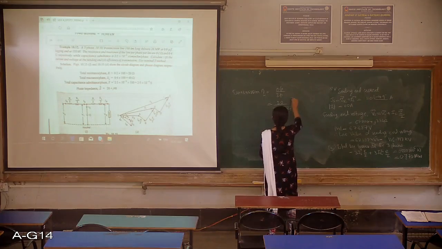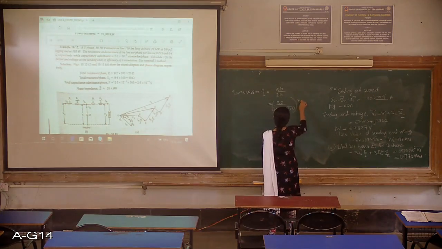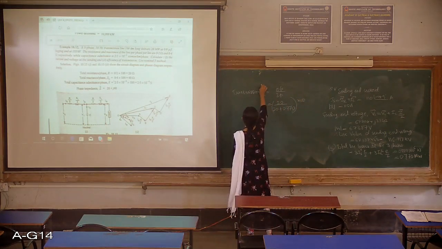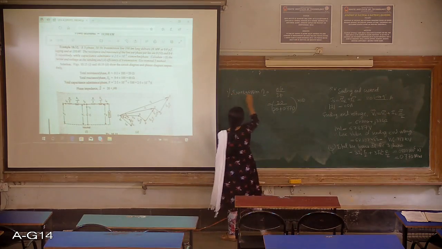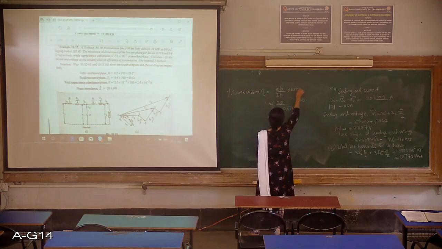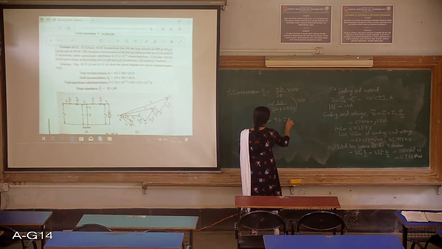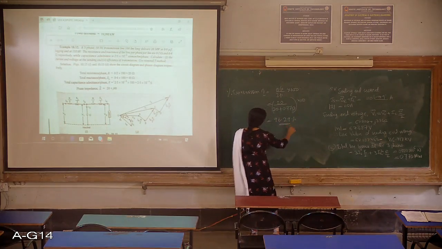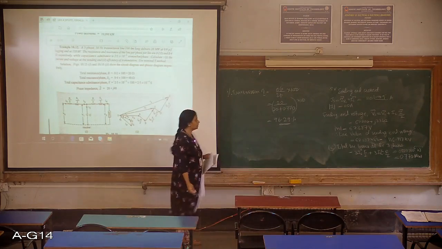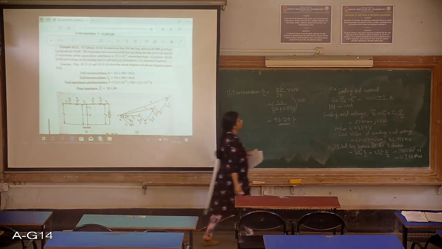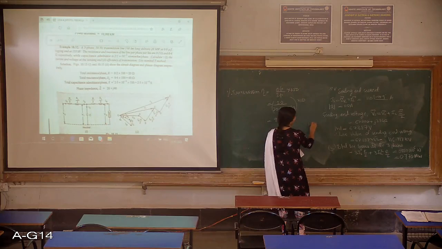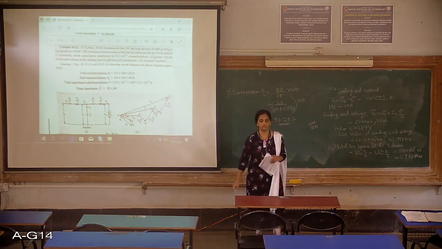You can say into 100 if you want, percentage transmission efficiency. So we'll write into 100. So this comes out to be 96.29. Okay, so highly efficient. Okay, so this is again the range of this question's occurrence, sometimes 10 marks and in some papers it has come for 12 marks.